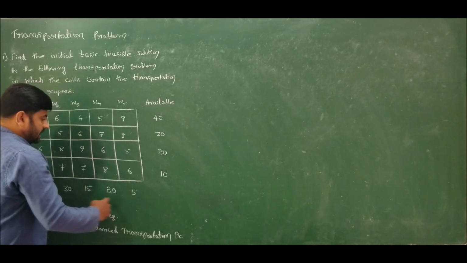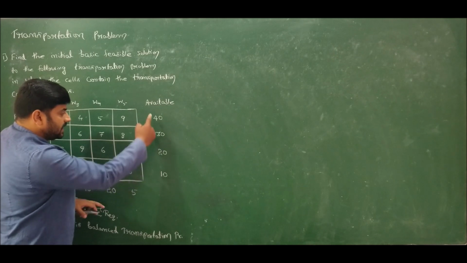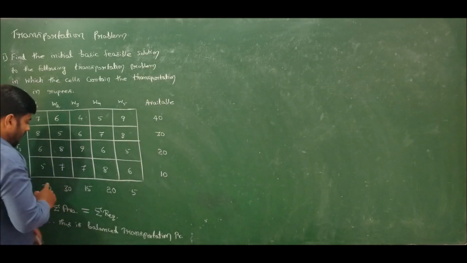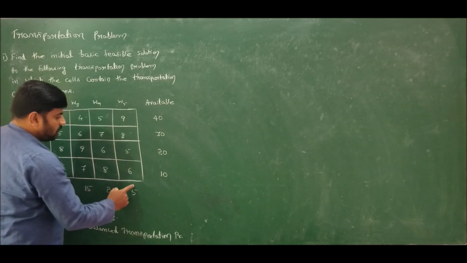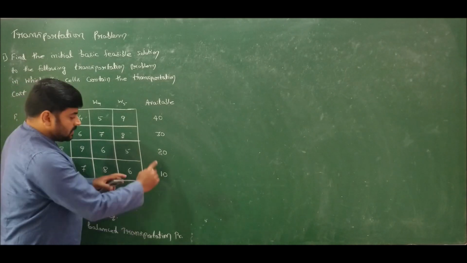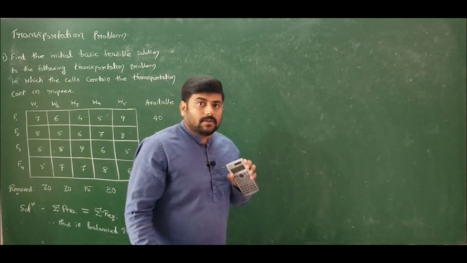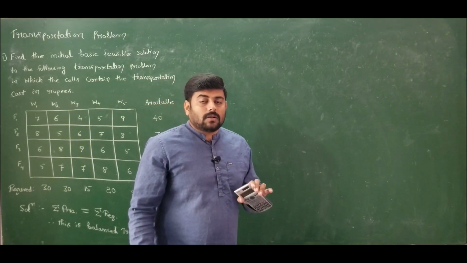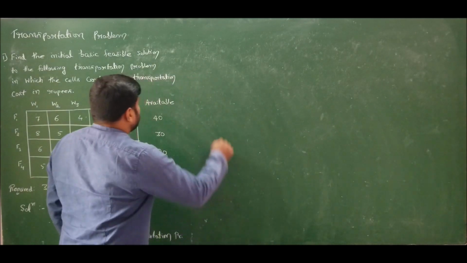If I have 100 as the demand and 90 as the supply, then 10 is deficient in supply, so add a dummy row, write it as 0, 0, 0, 0 and write 10 here, such that we make it a balanced transportation problem. Always in the first step ensure that the transportation problem is balanced. Now it is already balanced, so no need to worry much.